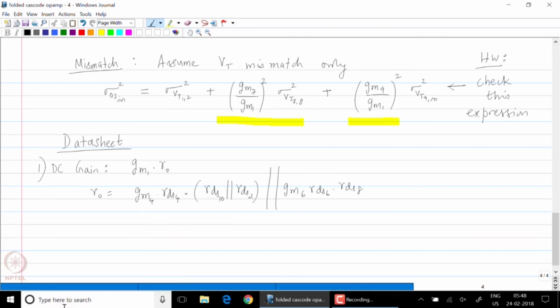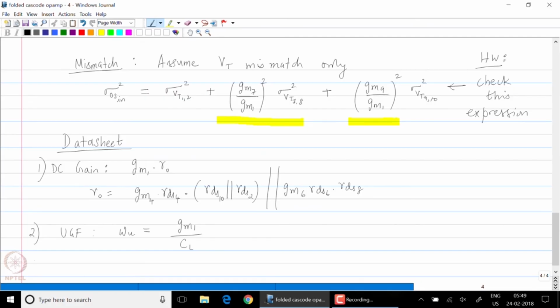And as we have seen, this is slightly lower than that of the telescopic op-amp by an order of 2 or 3 times. The next parameter is the unity gain frequency, omega u. This is simply going to be GM1 over CL, where CL is the load capacitance at the output node. It is the sum of the load capacitance and the parasitic capacitances.